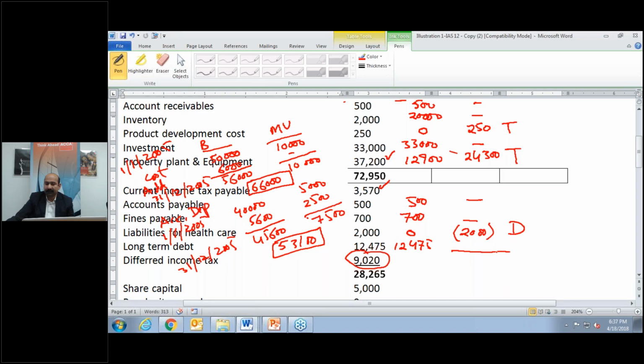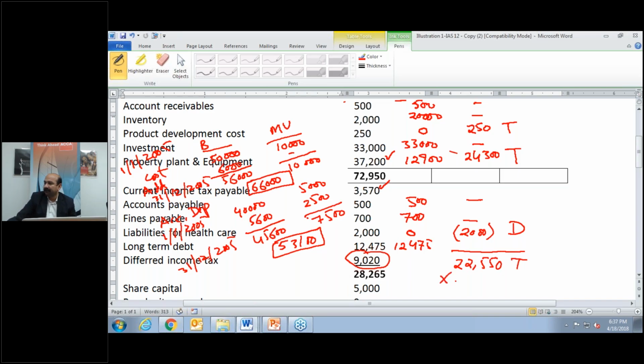So if we net all these figures, this will give us plus 250, minus 2,000, and this is 22,560. So this is in fact a taxable temporary difference.